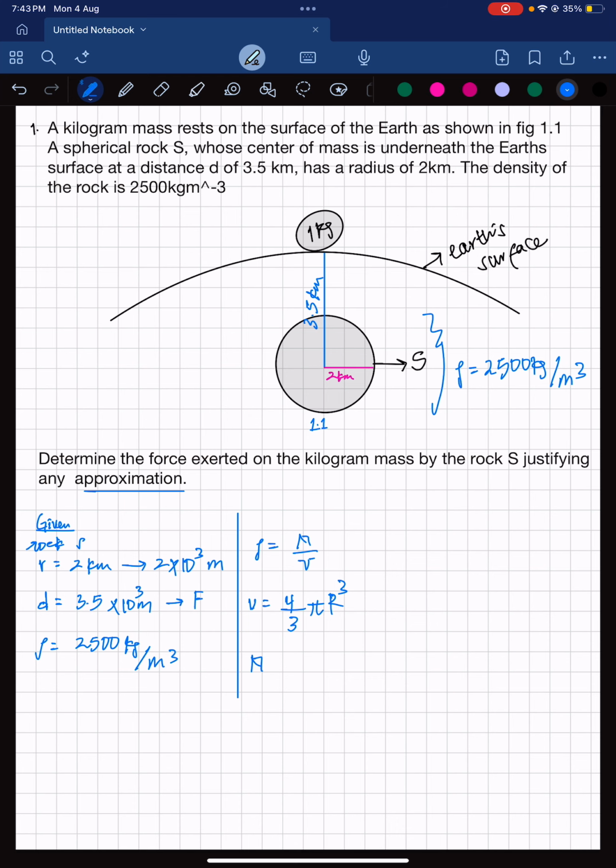So the mass is equal to density times volume. First of all, let's calculate the volume, and the volume is 4/3 times pi times the radius of the bigger rock, the rock S. So it is going to be 2 times 10 cube.